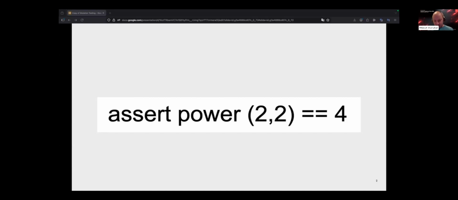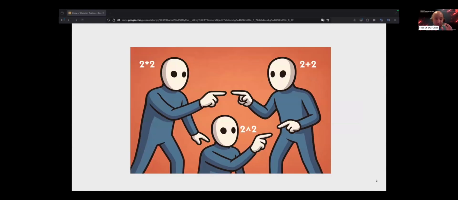And the answer is actually it is not a very good test, because even if the method itself is doing the multiplication operation or even the sum of two parameters, the test would still pass, right? With 2 and 2, for all these operators, the multiplication or the sum or even the power operation, they all give 4.